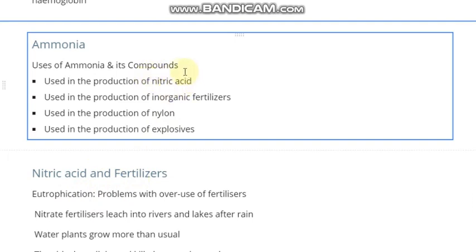And nitric acid is the main component in fertilizers. So ammonia is the starting point for the production of nitric acid in industry. And ammonia is also used in the production of inorganic fertilizers itself, and it is used in the production of nylon and in explosives. So we can see a wide range of uses of ammonia in industry.